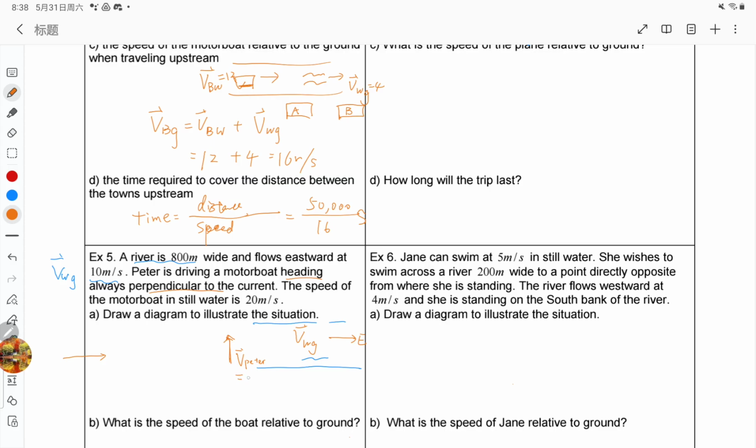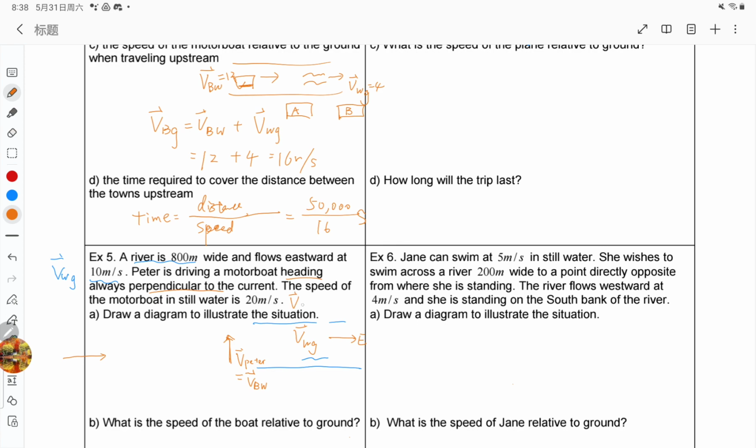And V Peter is actually just V motorboat, the boat relative to the water. The speed of the boat in still water is 20 meters per second, so velocity of boat relative to water is this.